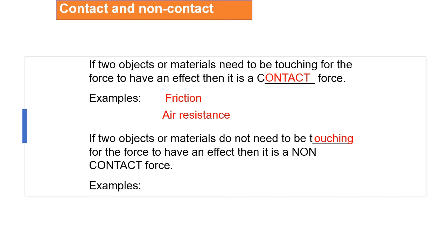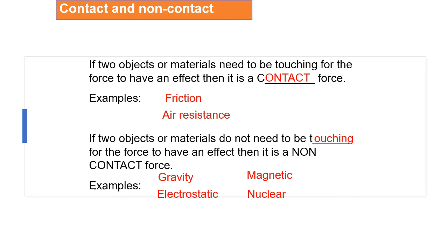So that is also an example of non-contact force. Same with electrostatic for charges also. In order for them to attract or repel, they don't have to be in contact with each other. And then one more example is nuclear. For a nuclear reaction to happen, it doesn't have to be in contact with each other.